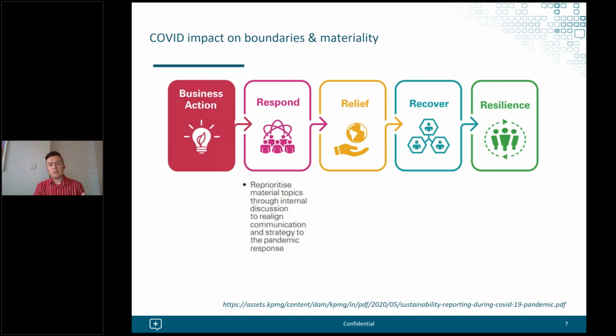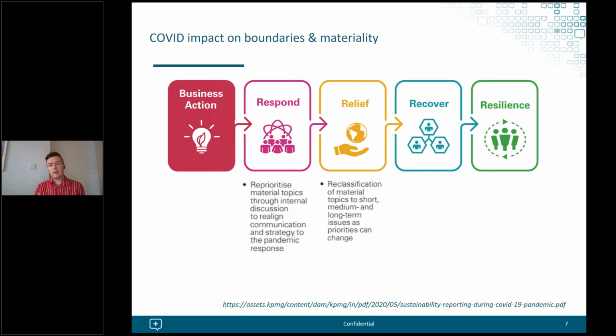In that first phase, where companies were responding to the initial impacts of COVID, what we saw was companies reprioritizing material topics. And often that was through internal discussions on realigning communications or strategies to deal with that initial pandemic response.